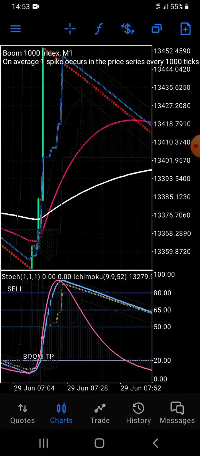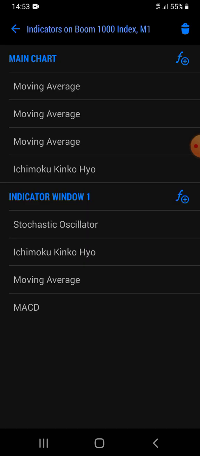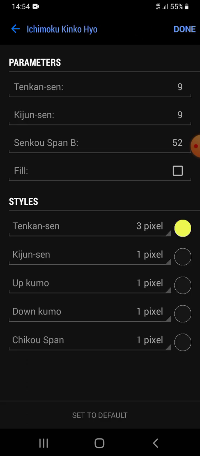Inside your stochastic oscillator, we're going to add some other indicators. So you go back to your main chart, to your indicators. Now you click on your indicator window 1. Inside indicator window 1, your stochastic houses the same Ichimoku you put in the main window.